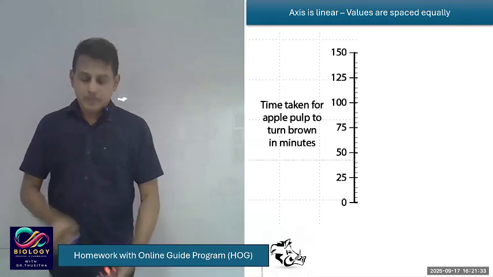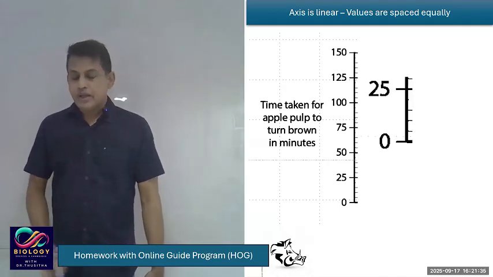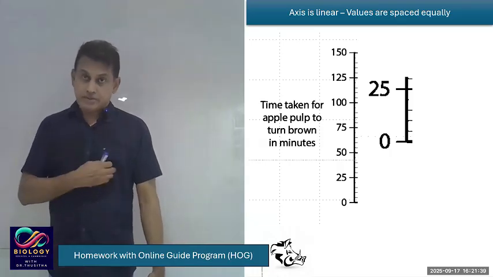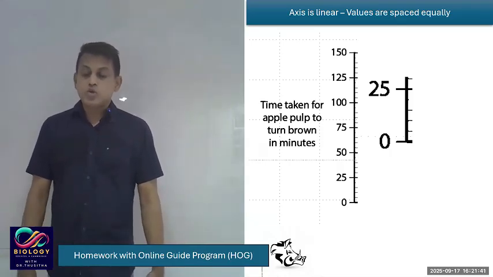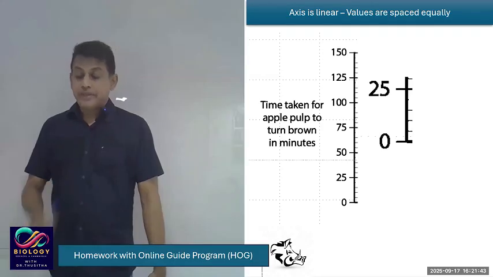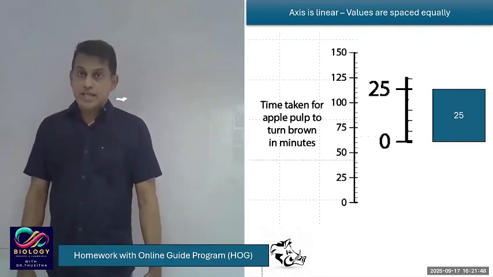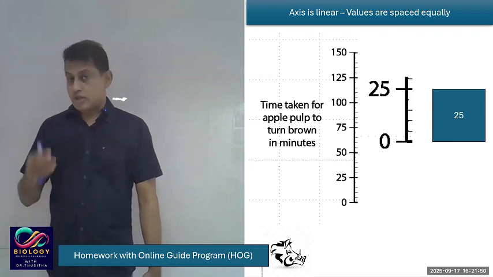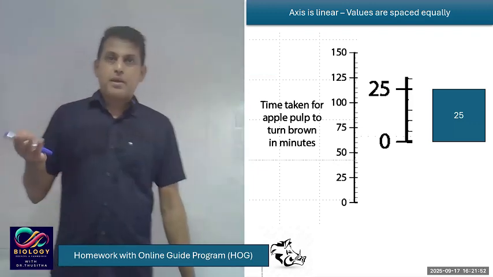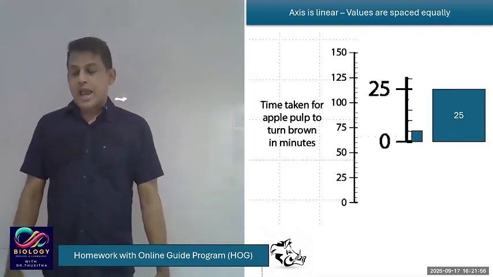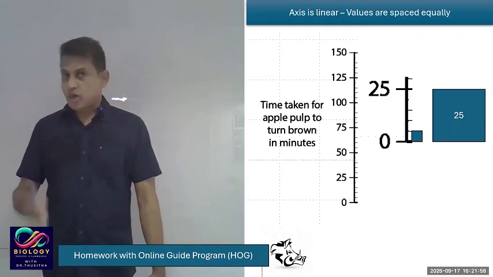Then the second thing, you're going to look at the 0 to 25. I just make it bigger now. 0 to 25, the square, it's a big square, so it has 25 values, right? In other words, 25 minutes. Then we also have a small square like this, and the value of the small square is not given in the graph. So we have to calculate.